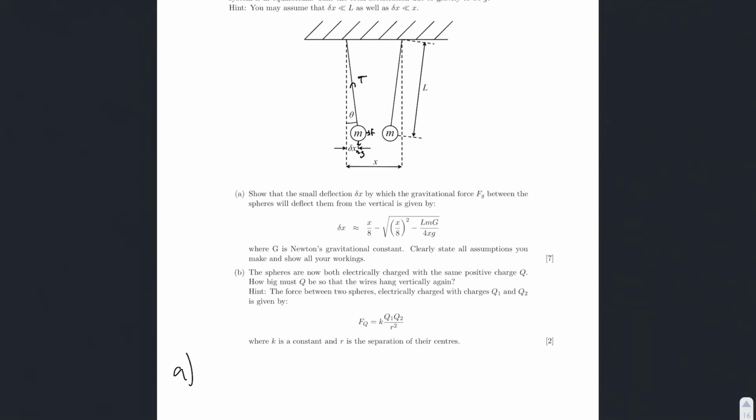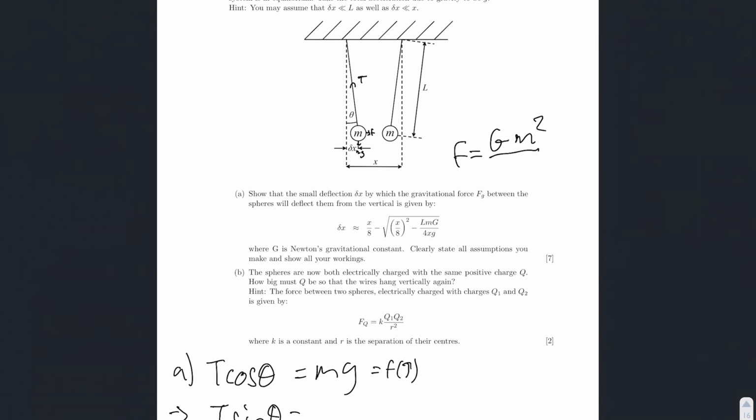So we can turn these into equations of motion, where we know that T cosine theta, the vertical force here, equals mg. Resolving up, and then resolving that way, we have T sine theta equals the gravitational force here, and the gravitational force is F equals G m m, so m squared, over the distance between them, which is x minus 2 delta x squared.